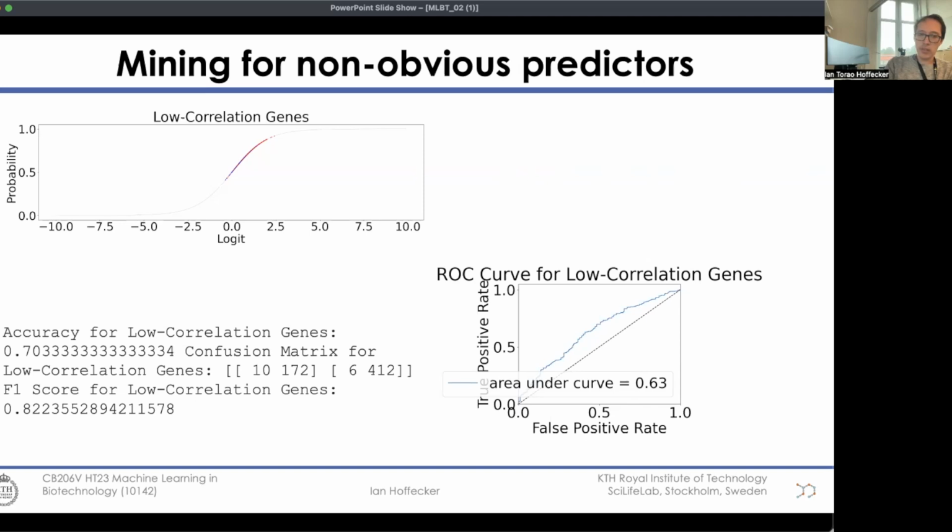And so the reveal here is that I've actually added this in as a hidden structure in the data. This is artificial data. So I've created some genes that are not correlated with blood sugar level, but which nevertheless are weak predictors of the pathological status.